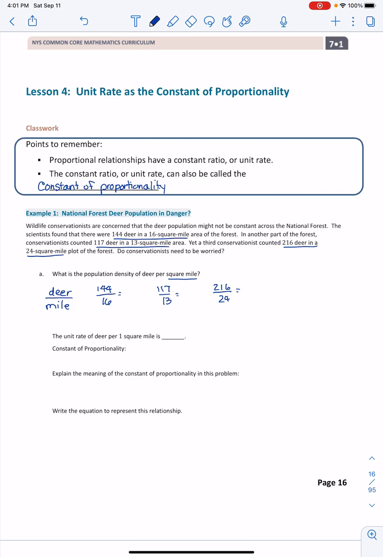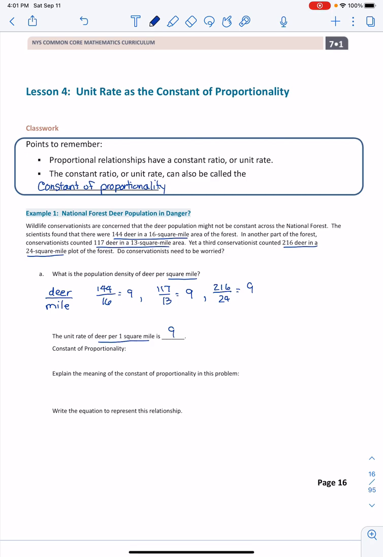When we divide each of these will give us 9. That being said, remember when we divide this, that's going to give us our unit rate for 1 square mile. So the next statement says the unit rate of deer per 1 square mile is, and in this case, 9.